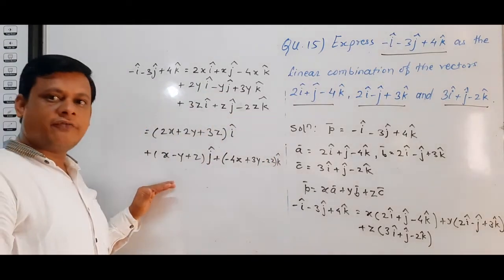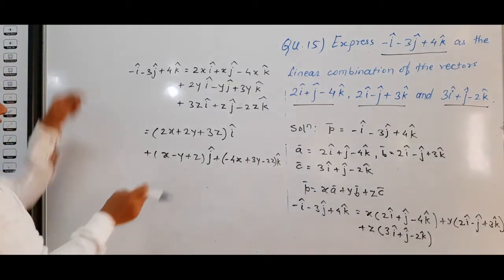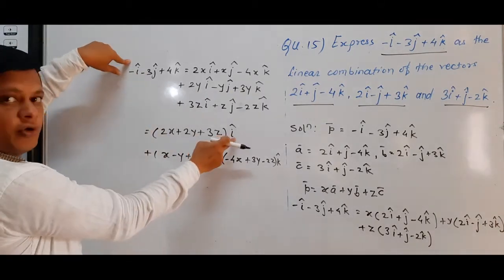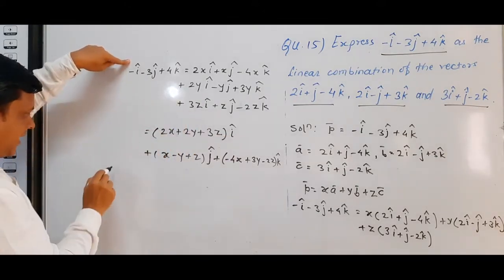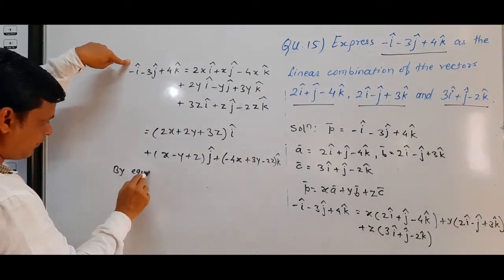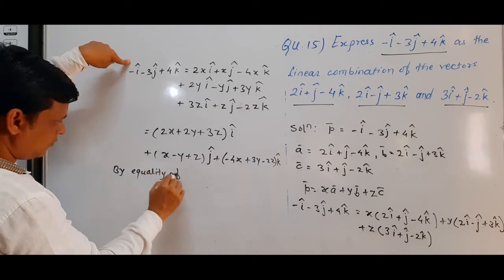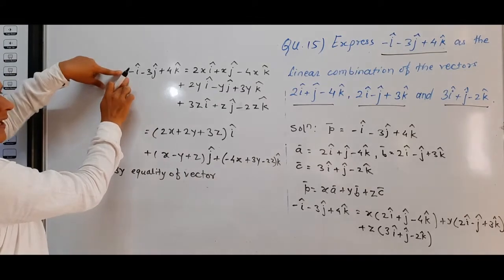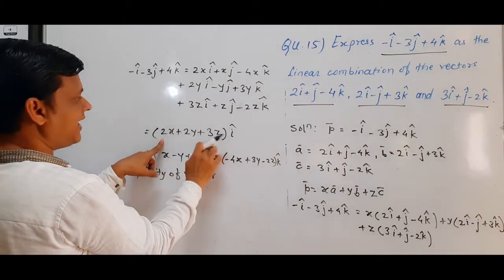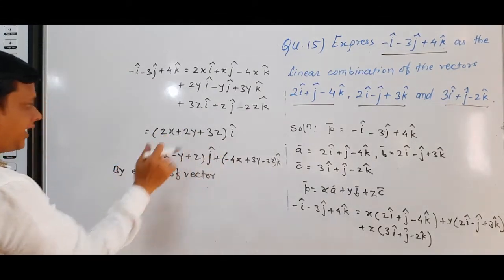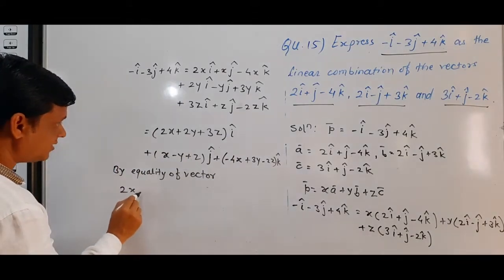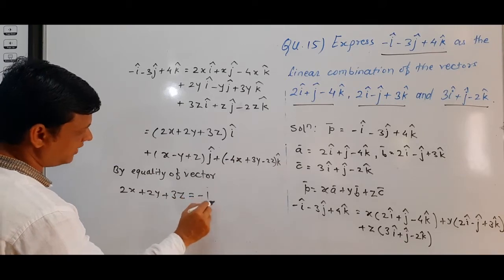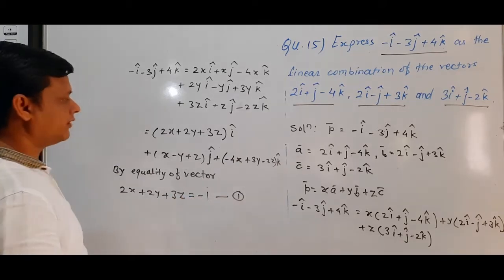Now by equality of vectors, we equate the coefficient of i with the coefficient of i. Here the coefficient of i is -1, and on the other side it is this bracket. So we write 2x + 2y + 3z = -1. Denote this as equation number 1.